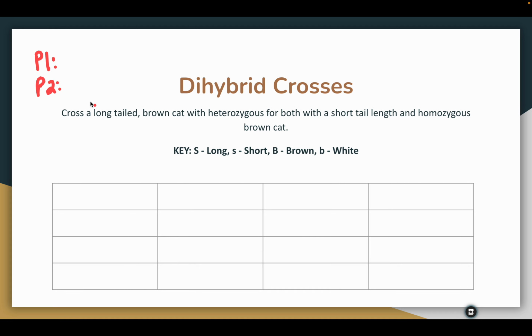All right, I have parent number 1, and parent number 1 is long-tailed and brown, but heterozygous for both. So what that means is I'm going to have a big S, little s, big B, little b, because it's heterozygous for both.